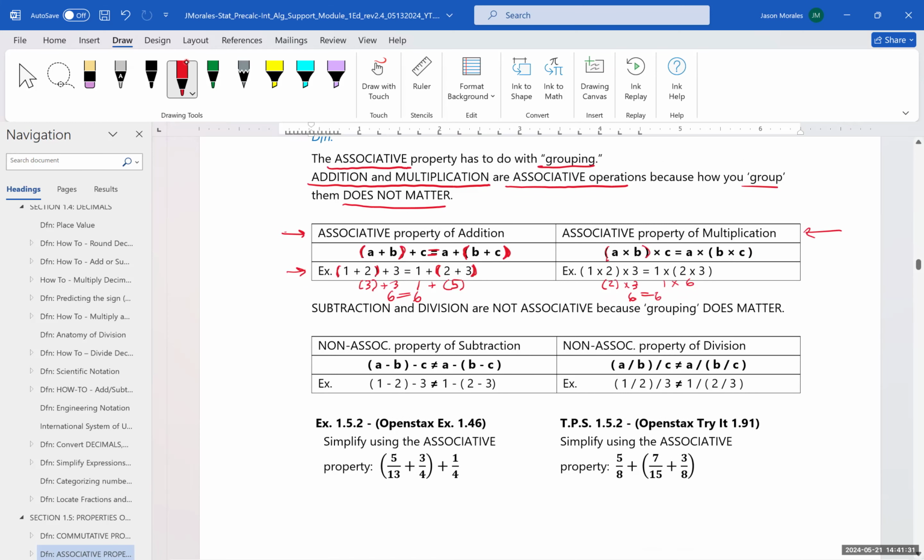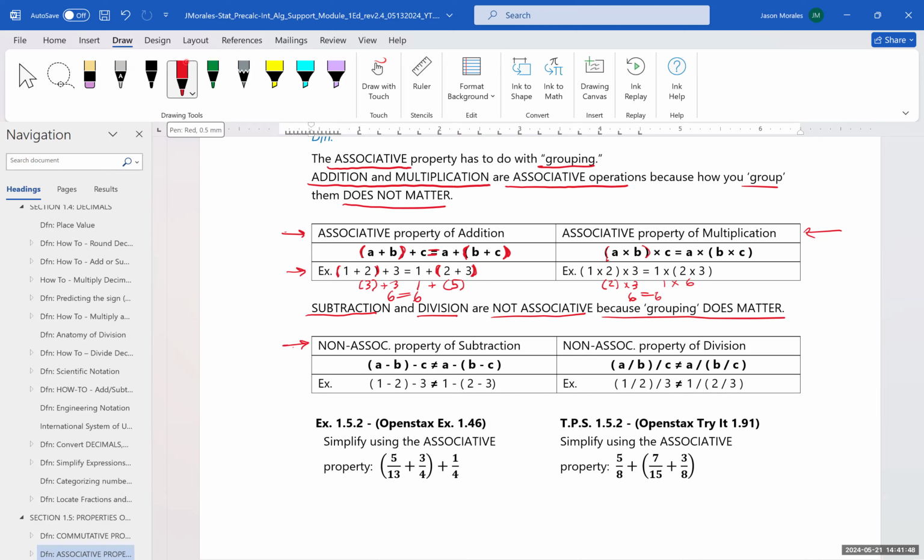So like the commutative property, subtraction and division are also not associative because grouping does matter. So let's look at the non-associative property of subtraction.